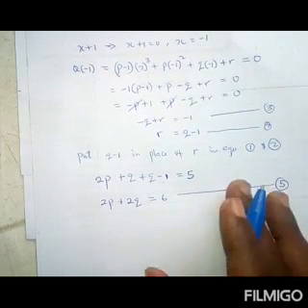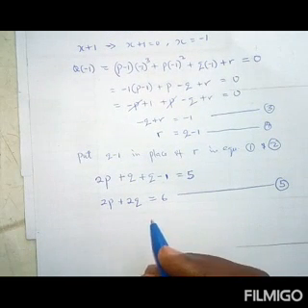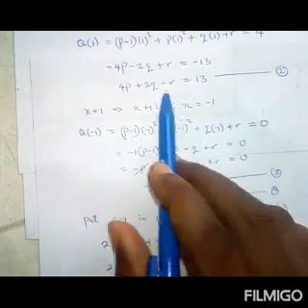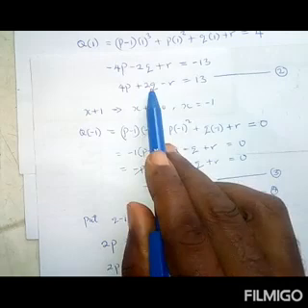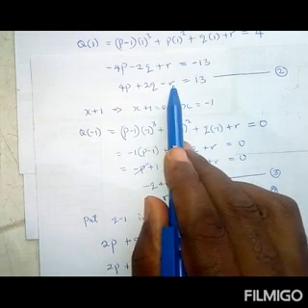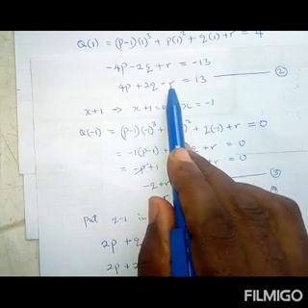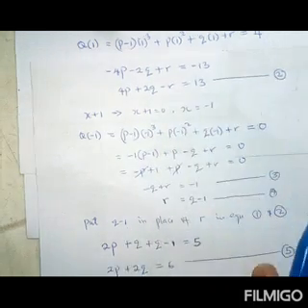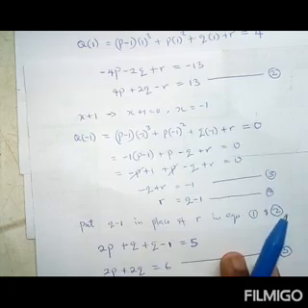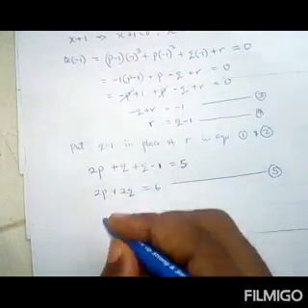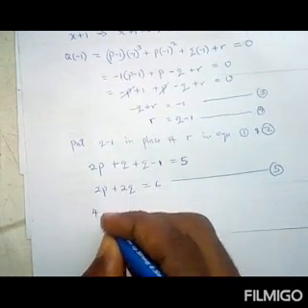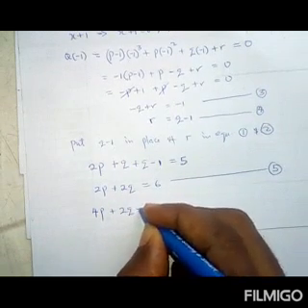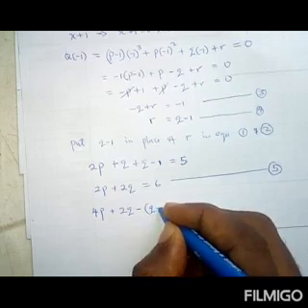The next one, in equation 2, we're going to do the same thing. Our equation 2 is 4p plus 2q minus r. So this minus r is going to become q minus 1. So let's do that. So we have 4p plus 2q minus q minus 1.